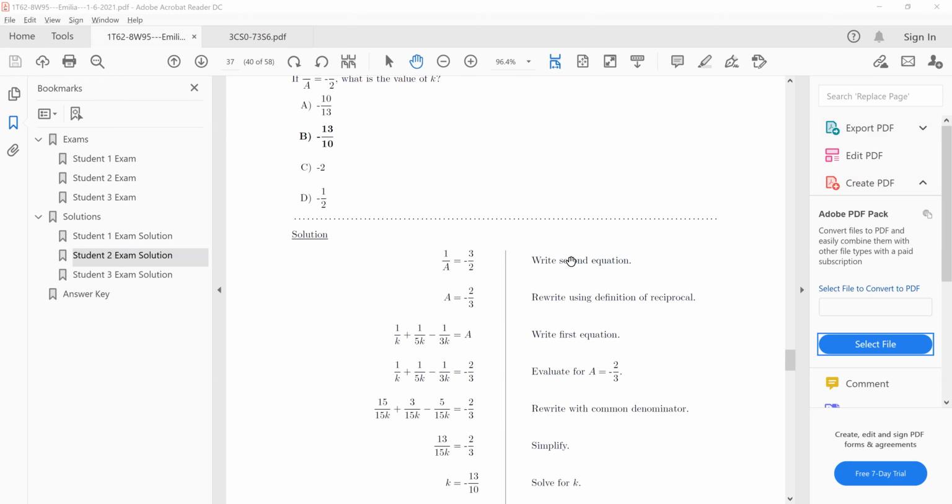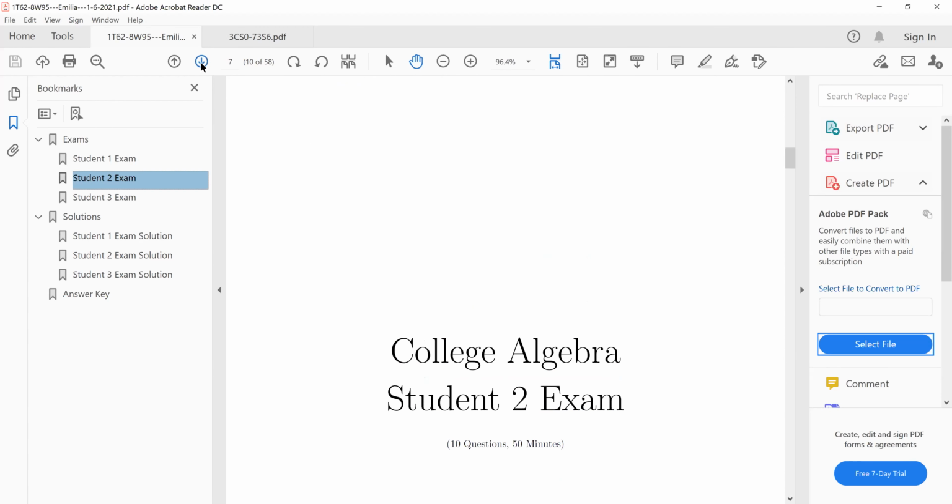And it's written in such a way that it tells you what to do, like write the first equation, write the second equation, and then it tells you to rewrite using definition of reciprocal. It doesn't tell you why, it just tells you mechanically, like, this is what you do. So if you have any other questions about why we're doing something, I'm trying to fill that in here. But for now, that's what we're doing.